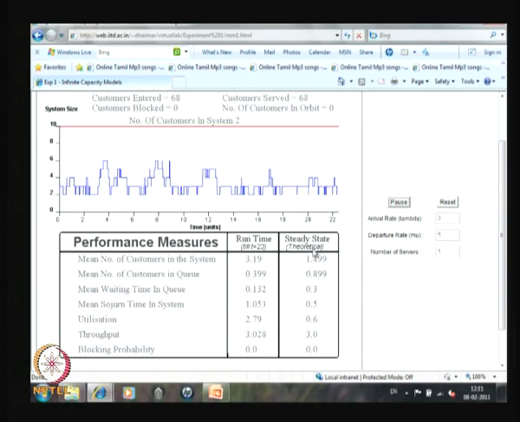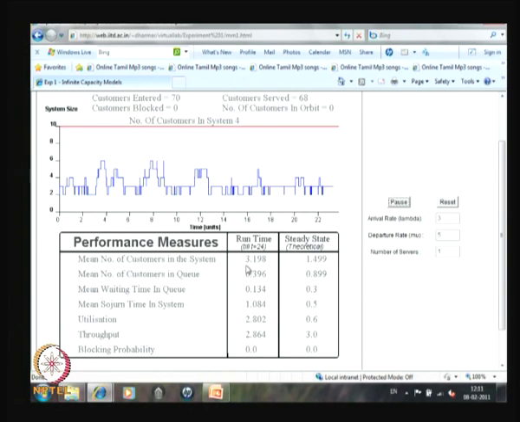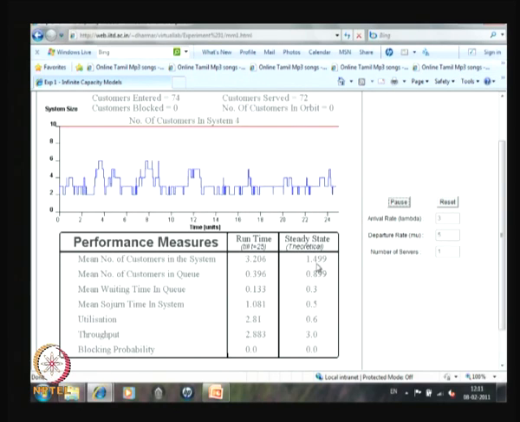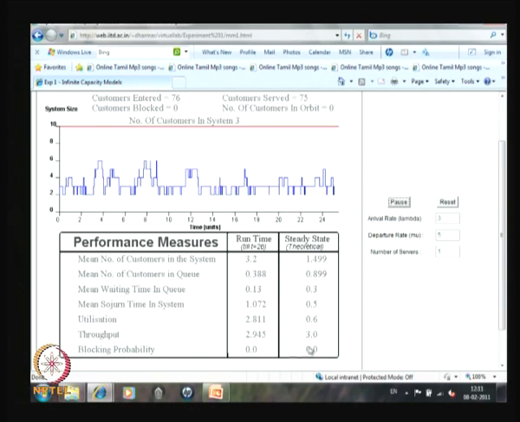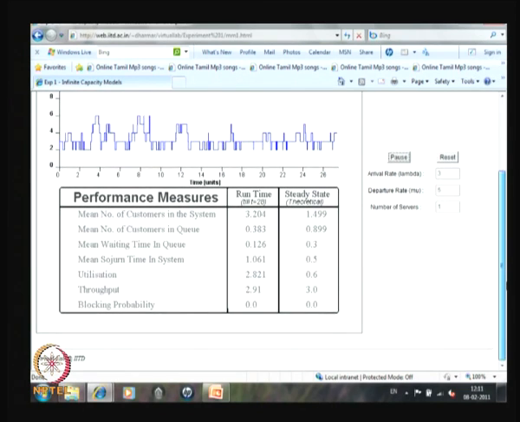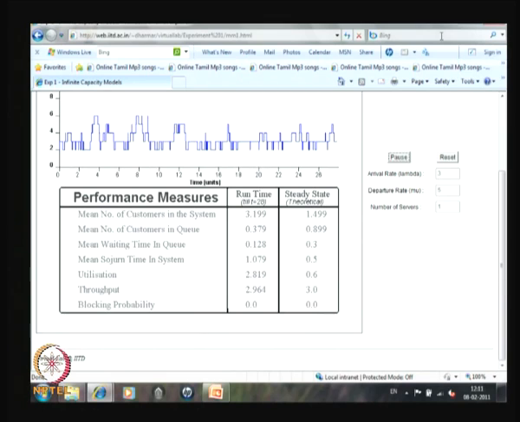so, here I am giving the runtime, which is the average values till this time, and what the result is going to be in a longer run, in the steady state. The blocking probability here is 0, because the system is an infinite capacity model, therefore no one is blocked.